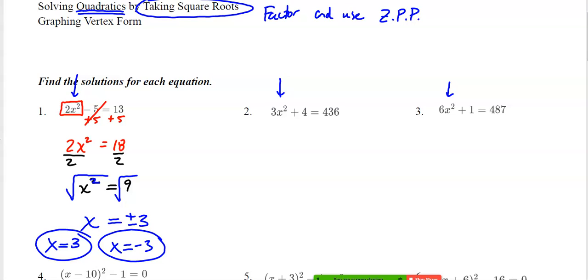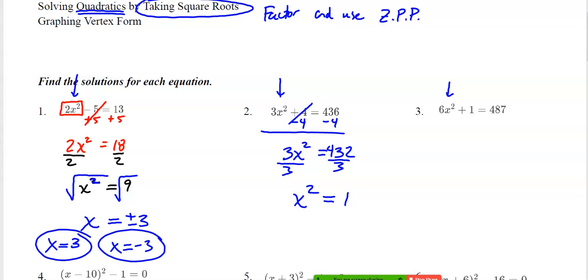I'll do one more just to make sure you got it. So here I'm going to do the opposite of plus 4. I'm going to subtract 4 from both sides. I got 3x squared equals 432. And divide both sides by 3. Boom, boom. And I get x squared equals, thank you, x squared equals, what's that, 143?